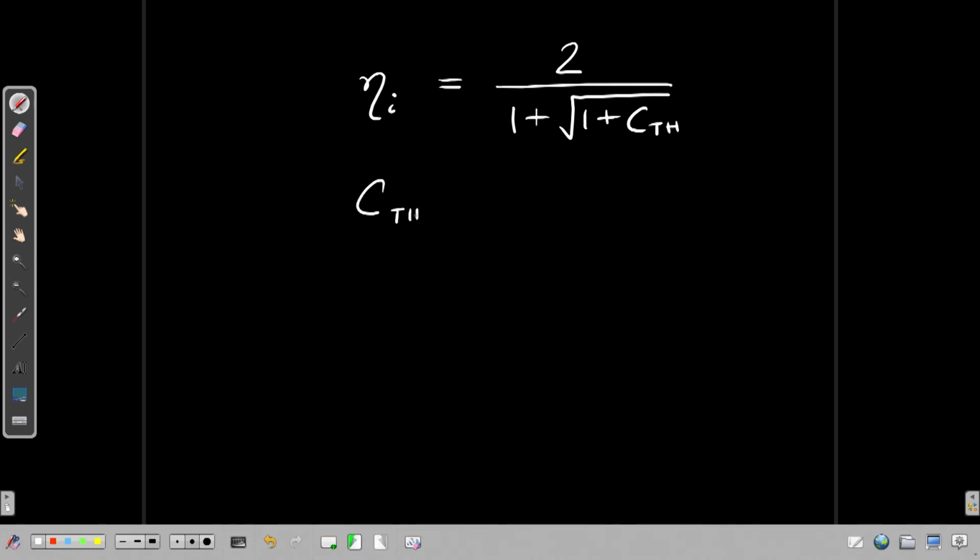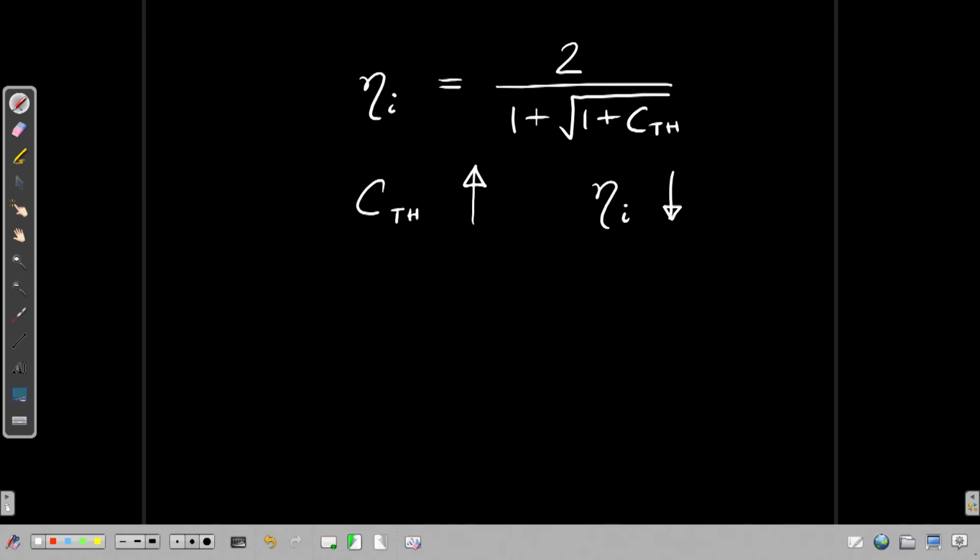Another very important aspect of this momentum theory is the relation between the ideal efficiency and the thrust loading coefficient. So, as the thrust loading coefficient CTH increases, the ideal efficiency of the propeller or the momentum disk here will decrease, and only for the condition where this CTH is equal to 0, the momentum disk will have an efficiency of 1.